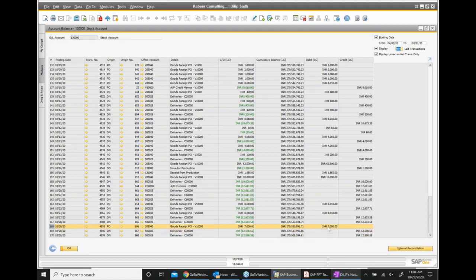So every time your inventory is coming in or going out, in every situation, there is a corresponding entry hitting your balance sheet. Each entry you can review and audit.